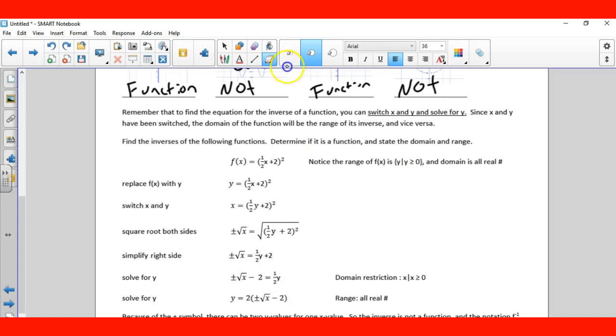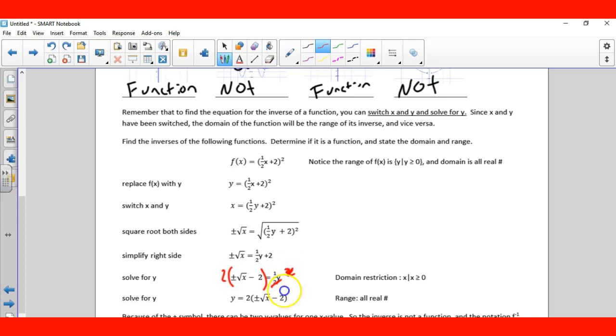So I'm going to multiply by 2 on both sides right here, and that clears this 1/2 out. So now y is by itself, and you have 2 times plus or minus the square root of x minus 2.